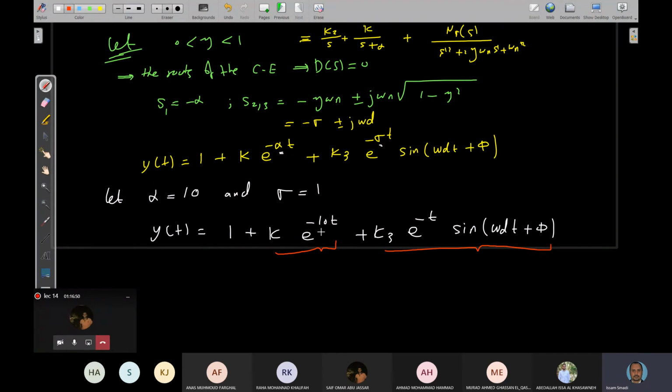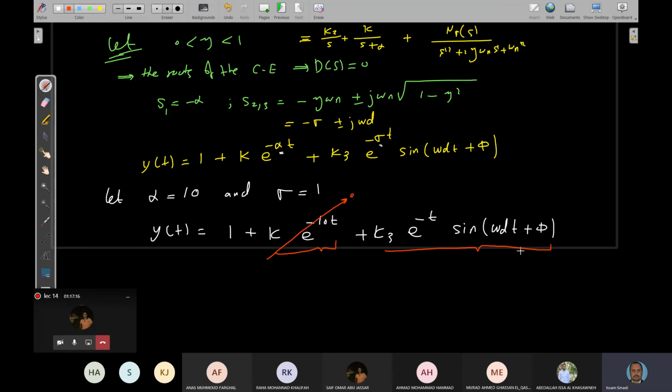Why? عشان التايم كونستانت تاعها أصغر. So the time constant here is 10 times faster than this one, correct? So simply this means that this one will decay faster. So almost I can assume that this one will go to 0. But this one is still there.